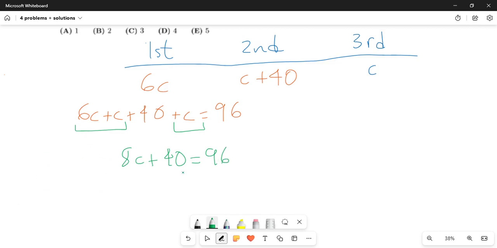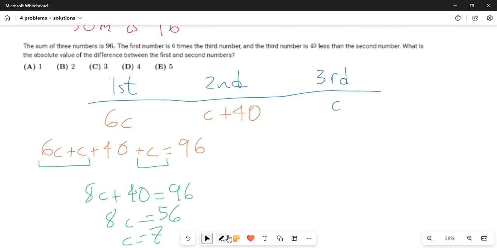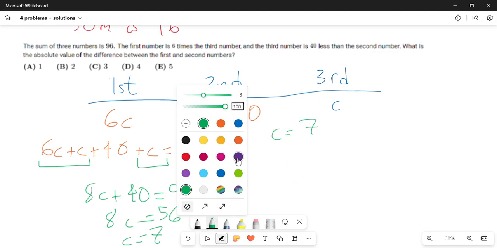So then subtract 40 on both sides, you get 8C equals 56, and C equals 7. But that's not your answer. So now you got C equals 7, put that up here. I'm not going to box this, it's not our answer yet.